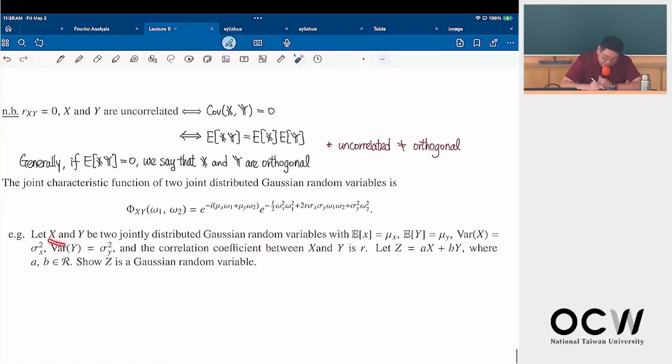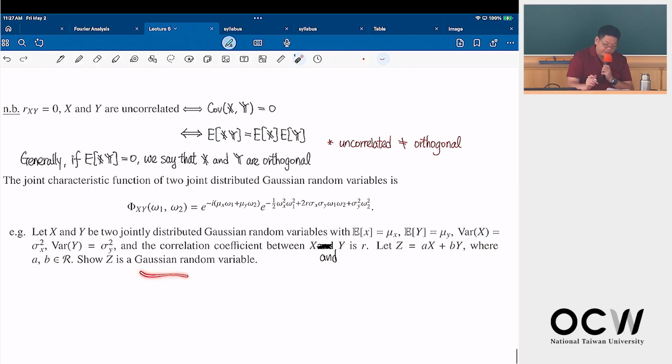If X and Y are joint Gaussian, here is the mean for X and Y, and I also have a variance of X and a variance of Y, and also the correlation coefficient r. Now I have another variable Z that's a linear combination of X and Y. I would like to show that if X and Y are joint Gaussian, then Z is also a Gaussian random variable.